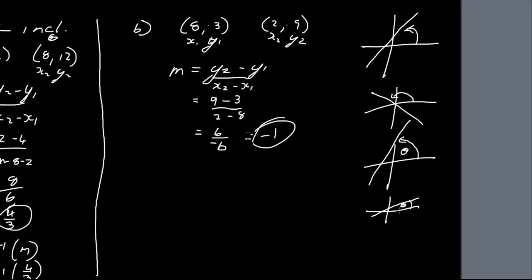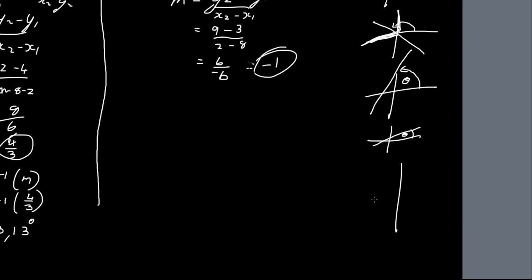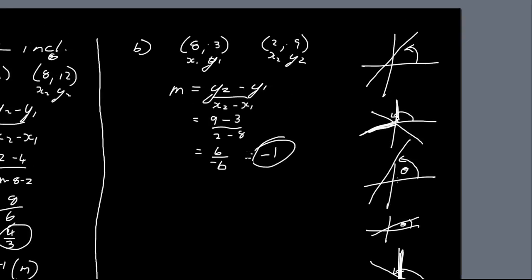Whereas for any negative line, the angle of inclination is always going to be between 90 and 180 degrees.